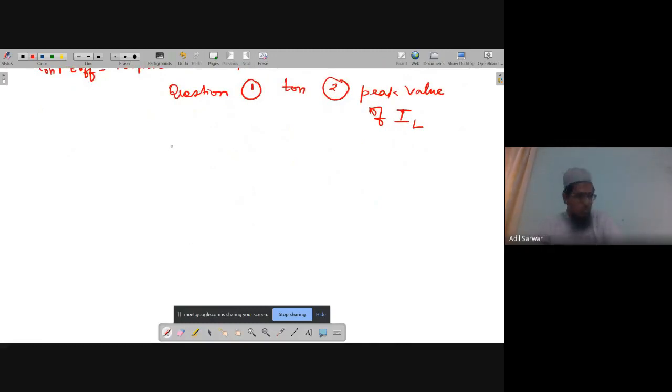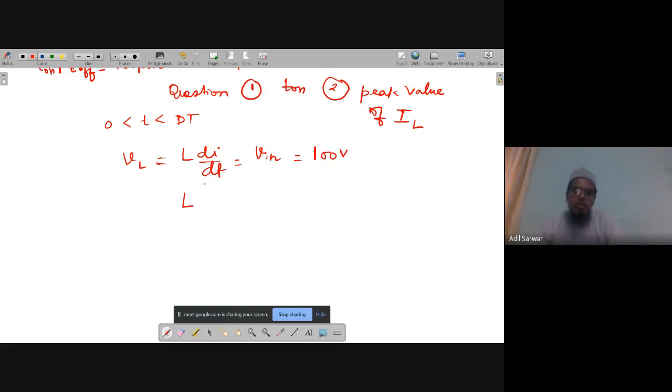I have this buck boost converter. We know that during the interval 0 to DT, the inductor voltage VL is given by L di by dt, and this is equal to the input voltage, which is 100 volts.